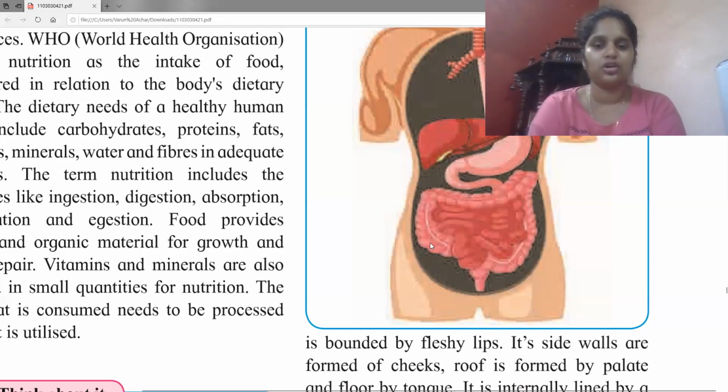Also, your colon reabsorbs water, but it makes sure that it does not reabsorb too much. That is why the waste material you throw out in the morning at 6 a.m. is generally a semi-solid mass. It has some water content, because of which the feces is soft, but not too much water.